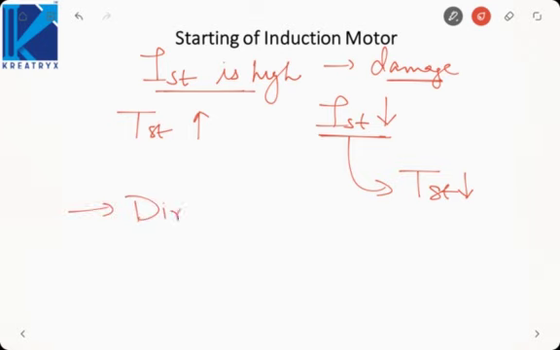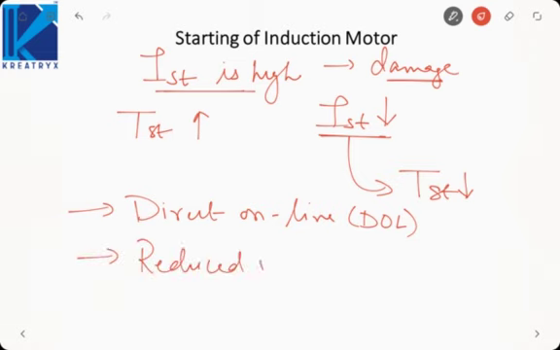One is direct online starting, also called DOL, in which we apply the full supply voltage across the stator terminals to start the induction motor. The other is called reduced voltage starting, in which we do not apply the rated voltage but rather a lesser voltage to start the induction motor.